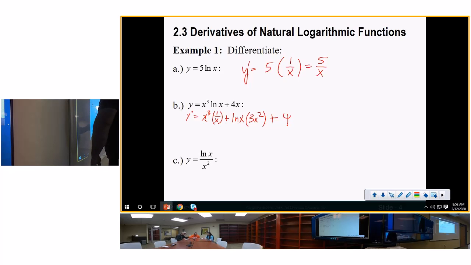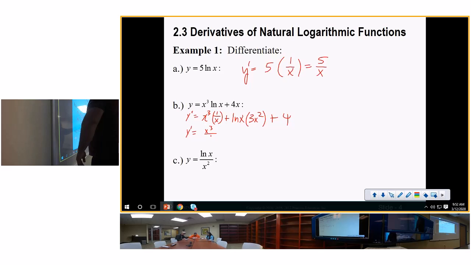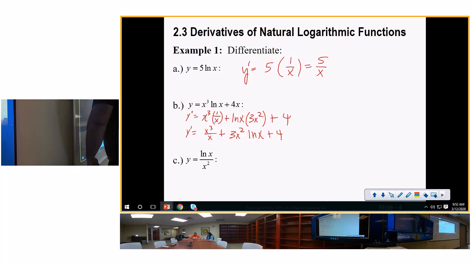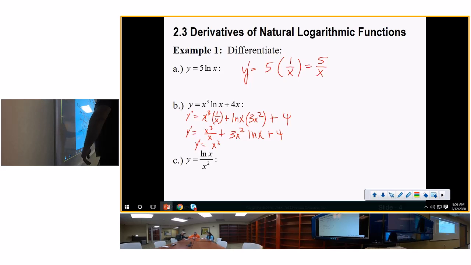And then y prime is equal to x to the third over x plus 3x squared natural log of x, plus 4. And this cancels and you get what? X squared, I think, right? So y prime is equal to x squared plus 3x squared natural log of x, plus 4.